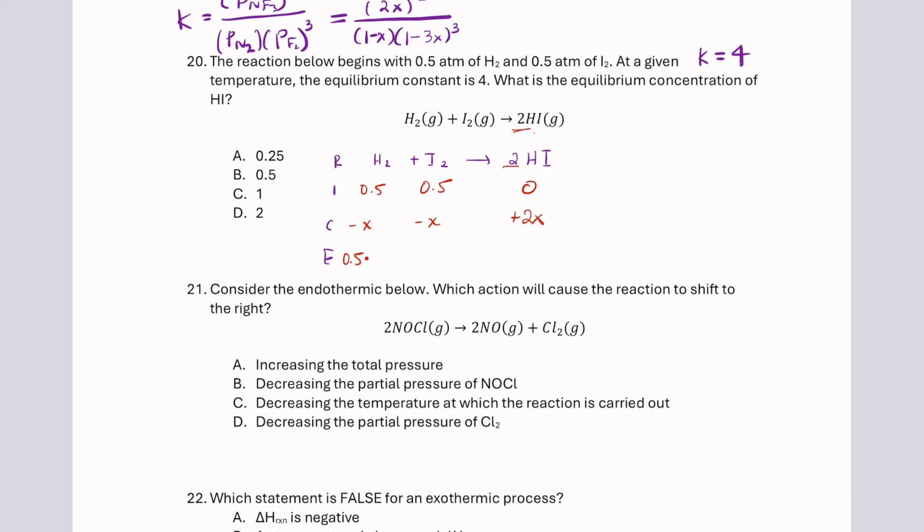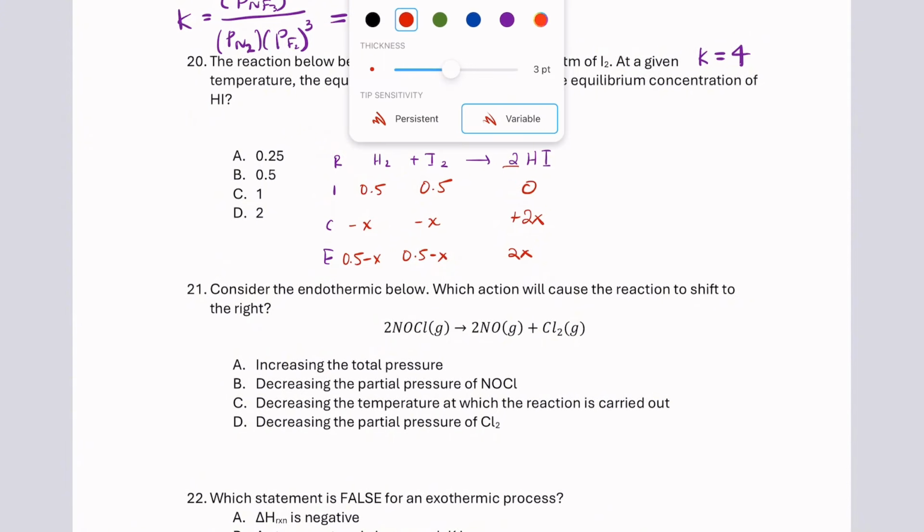Then we move into equilibrium. Equilibrium is initial plus change. That gives me hydrogen gas equals 0.5 minus X. Iodine gas equals 0.5 minus X. And hydrogen iodide equals 2X.